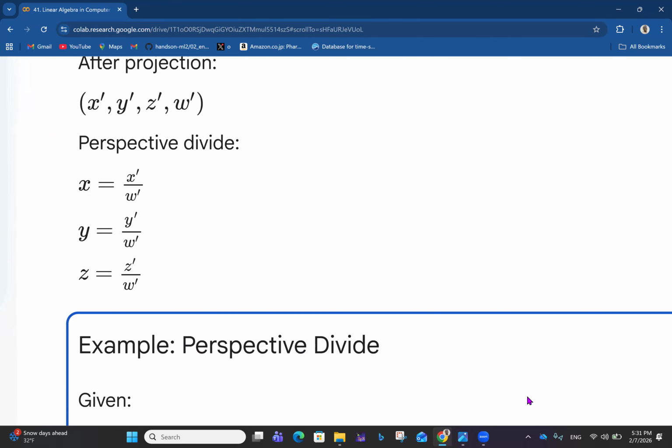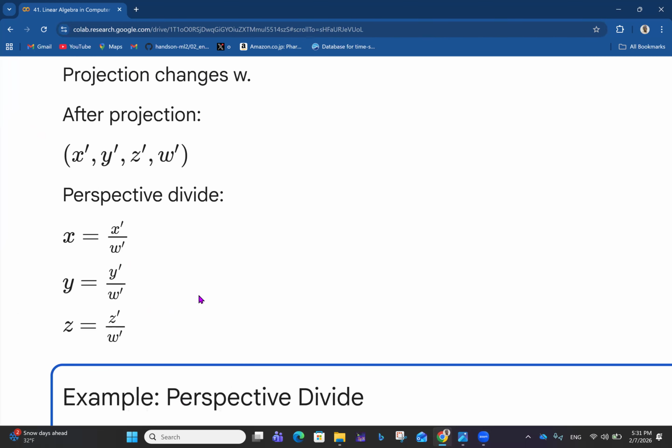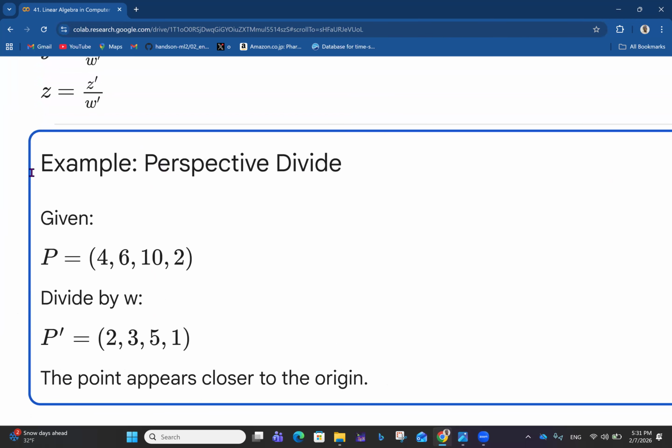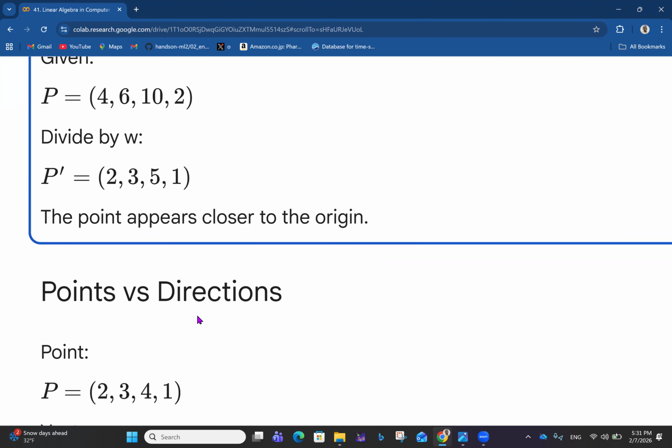Now you have x equals x prime over w prime, y equals y prime over w prime, z equals z prime over w prime. So for the perspective divide, what happens? Given P is 4, 6, 10, 2, divide by w. So w now is 2. If you divide by 2, you have 2, 3, 5, 1. So the point appears closer to the origin when you do the perspective divide.